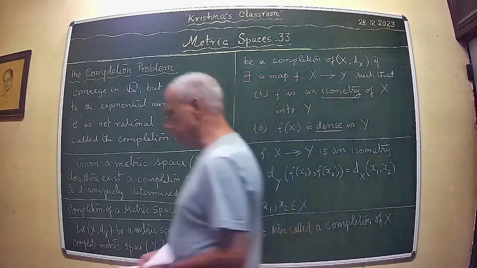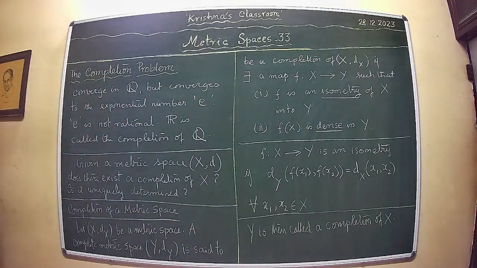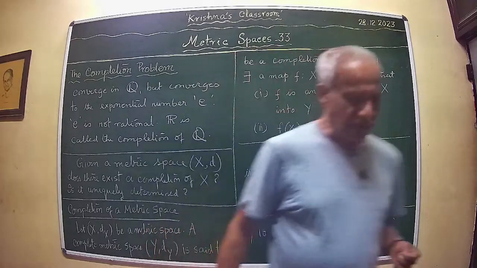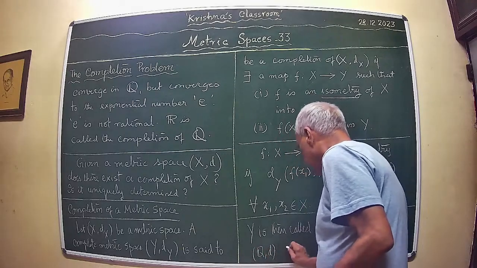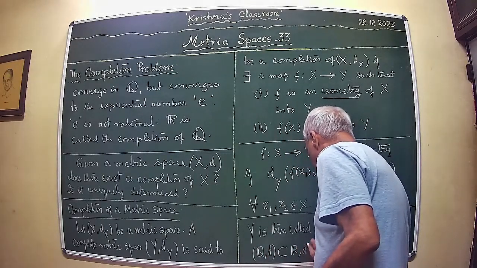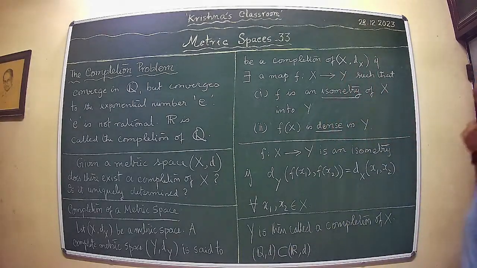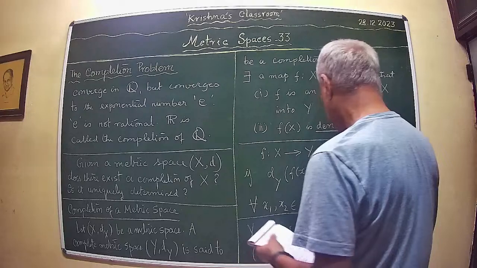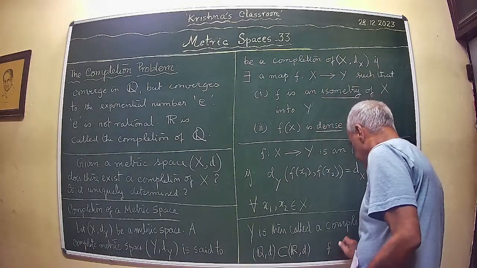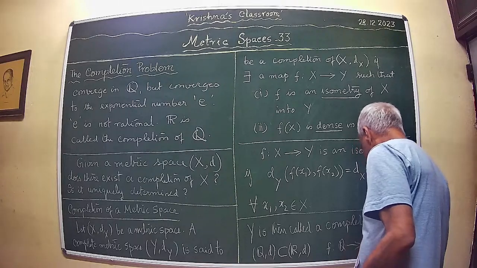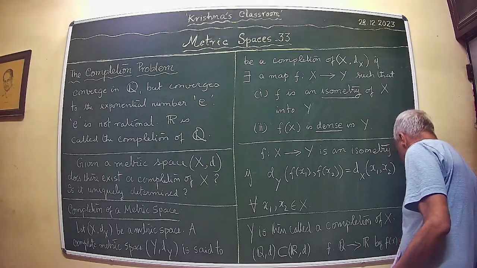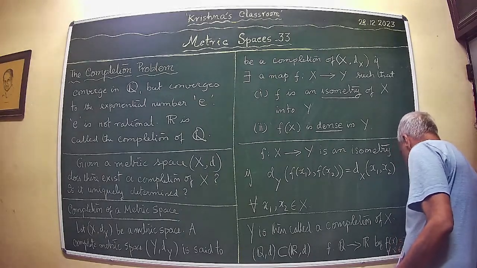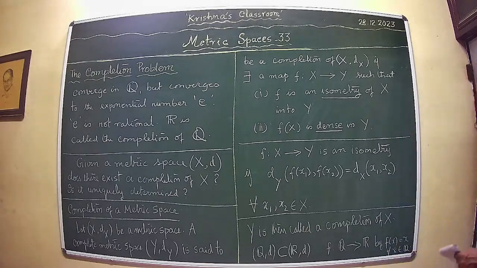Now, if you return to our familiar example of Q and R, now you have Q with the usual distance, R with the usual distance. Now you define the map F from Q to R. Now you see that it is an isometry.